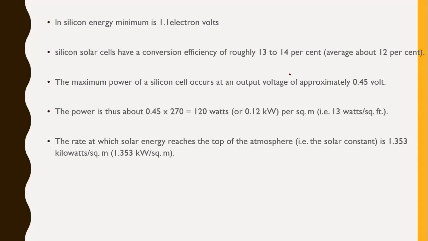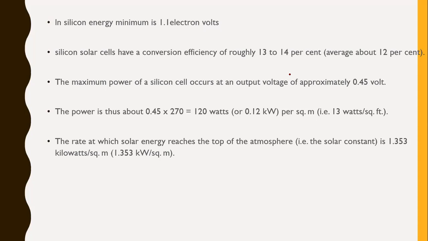So a silicon cell should have a voltage of 1.1 volts from the 1.1 electron volts energy of free electrons produced. Okay. In practice, however, the maximum voltage is about 0.6 volts only. And this 0.6 volts occurs on open circuit, when no power is produced.